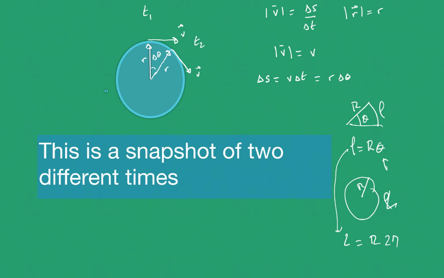This is the length of a circle. The length is 2 pi r. So this is an equation that you need to remember always, and it says that the length of the arc is related with the radius and with the angle by L equal r by theta.